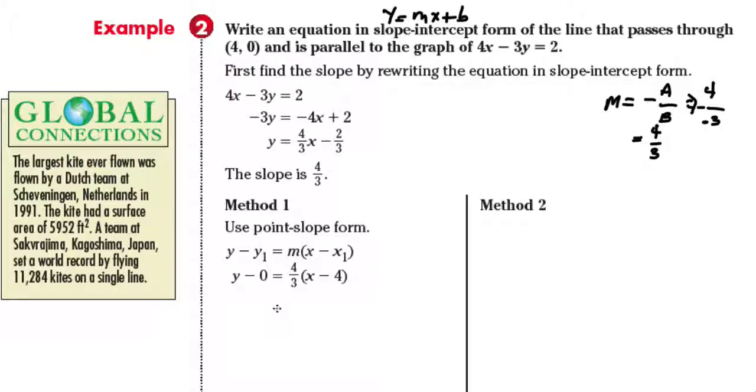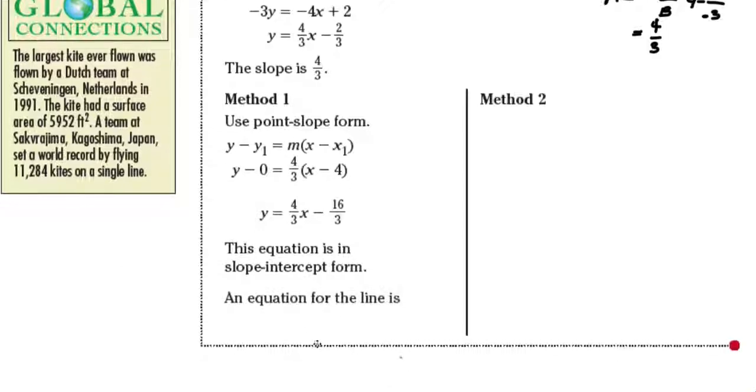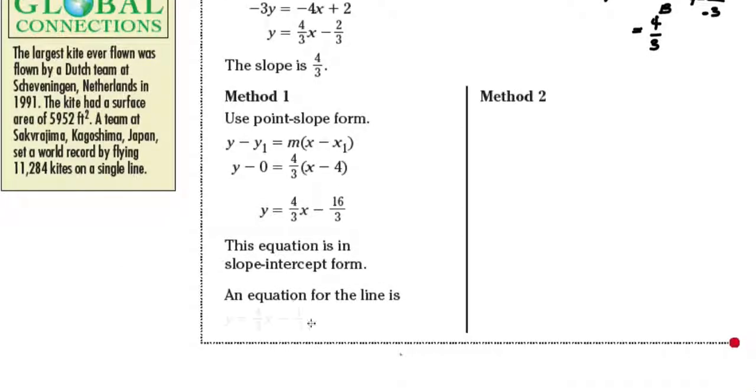And then we simply solve for y. y equals 4/3 x minus 16/3. We know that this is already in slope-intercept form. So an equation for this line is y equals 4/3 x minus 16 over 3.